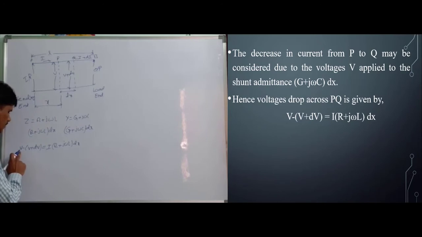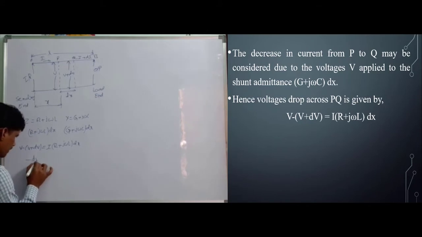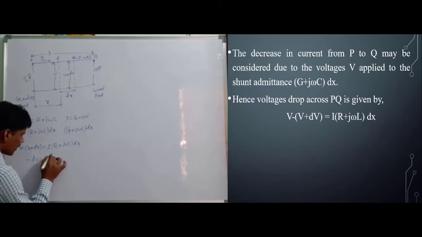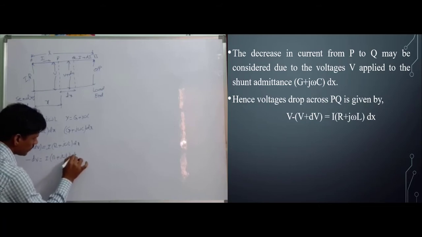On the left-hand side, plus V and minus V cancel, so minus dV is equal to I into R plus j omega L into dx.